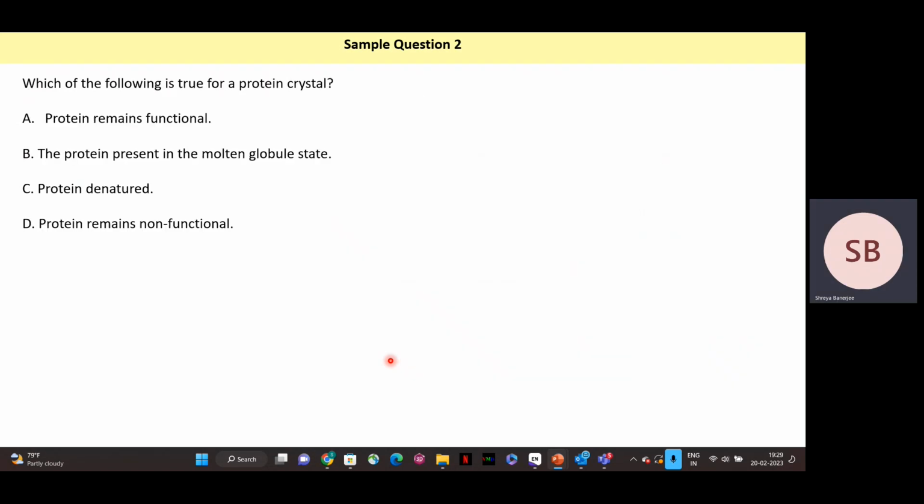We go to the next question, which asks: which of the following is true for a protein crystal? Again, I'll give you some time to work it out and then discuss it.